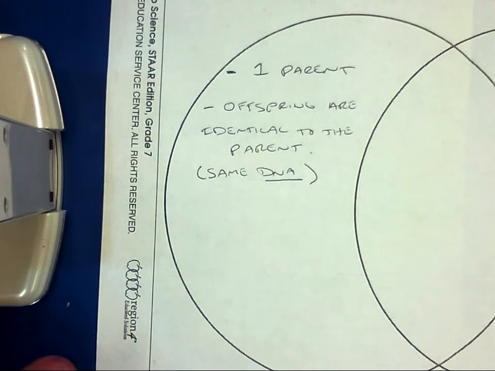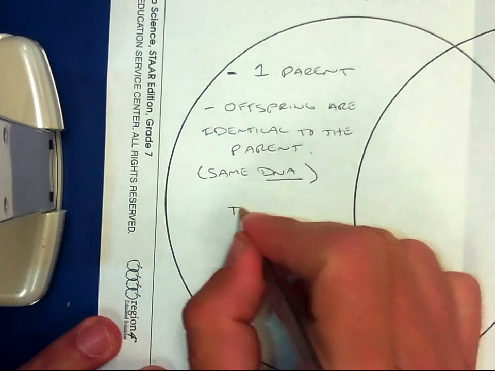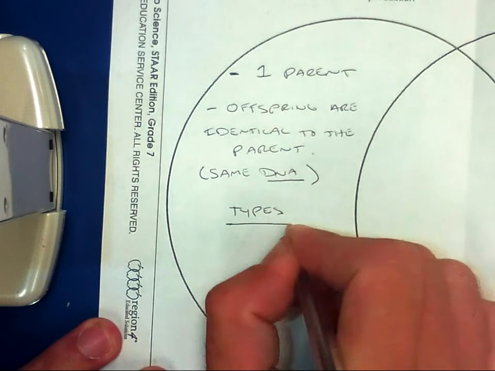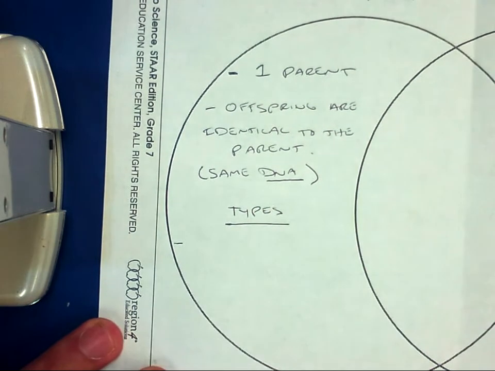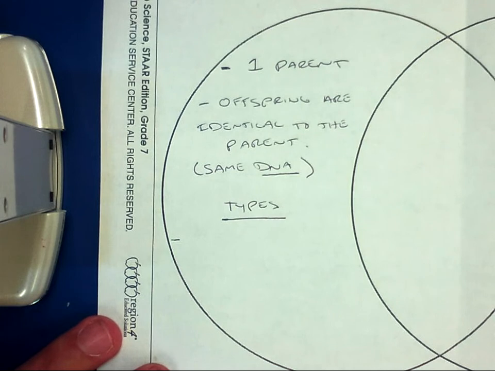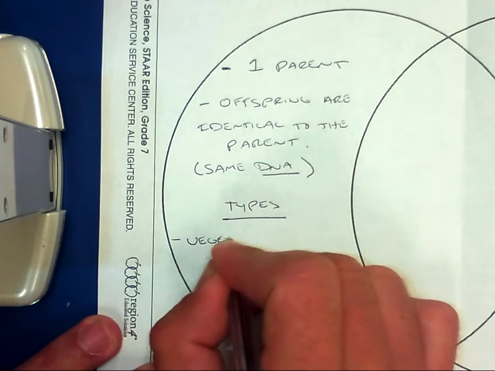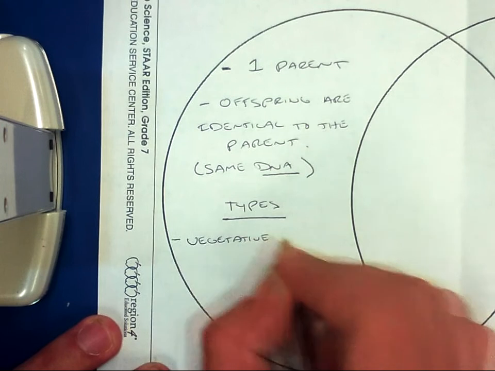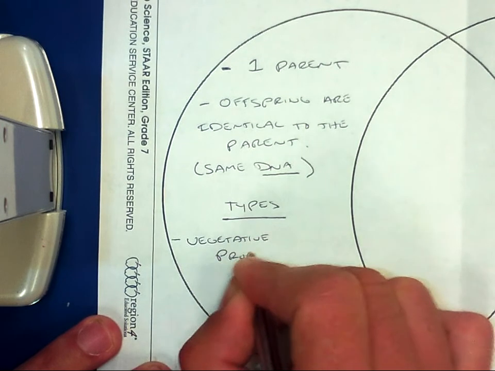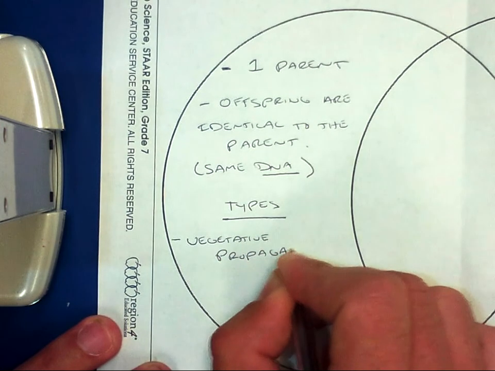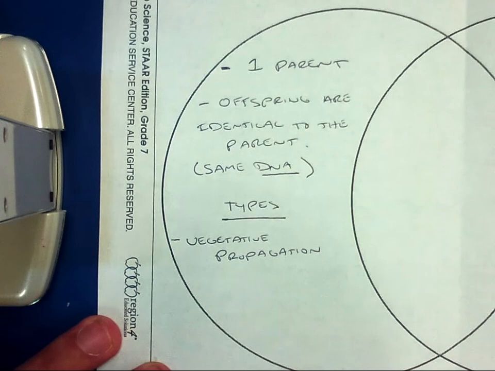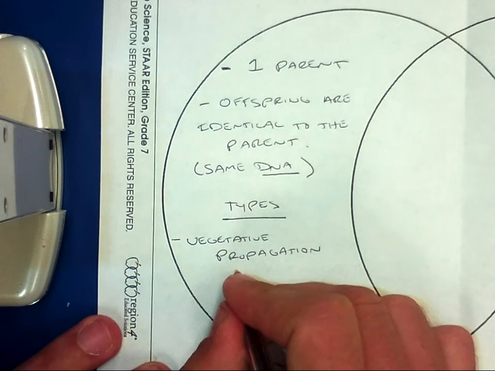All right, and then what was one type? So we're going to write types. What was one type of asexual reproduction? Vegetative propagation. And what was our example of that?